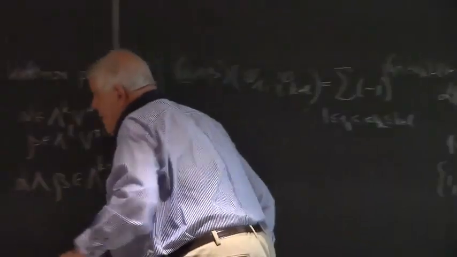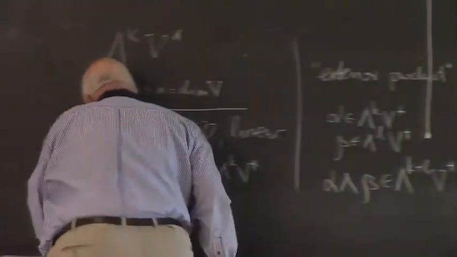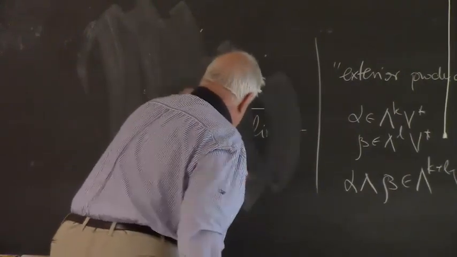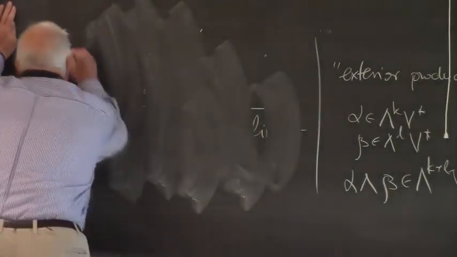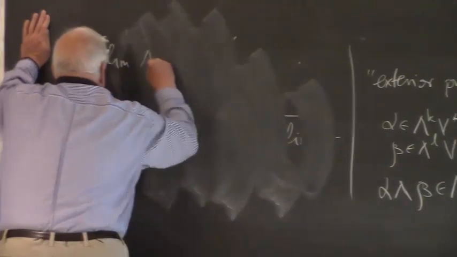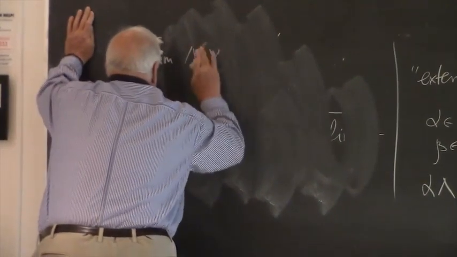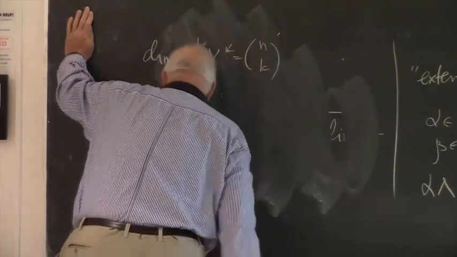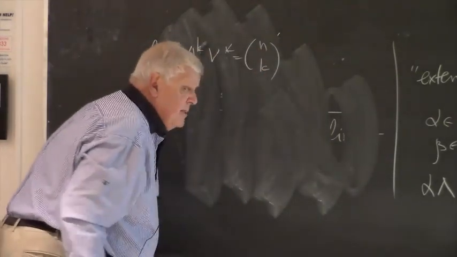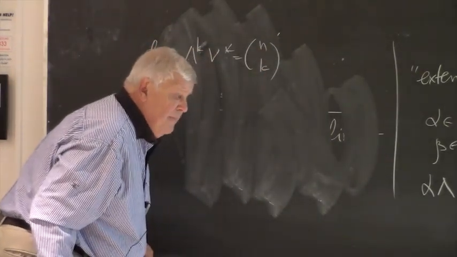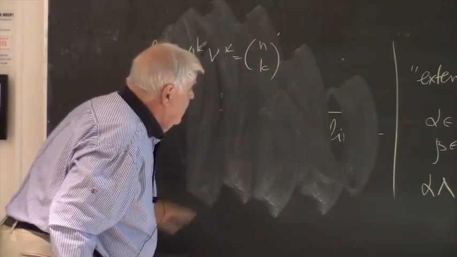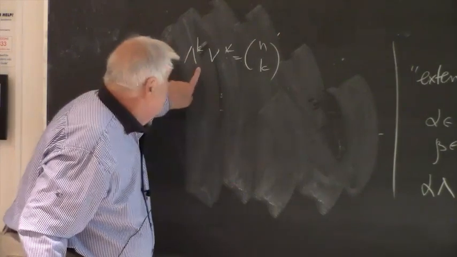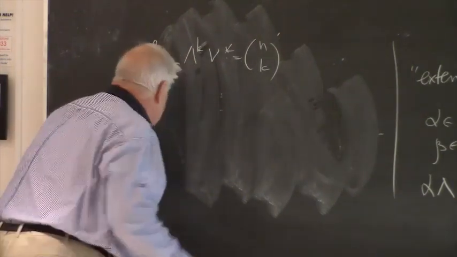So, I said last time that the dimension of lambda k V star is n choose k. And this has a very simple explanation. If you want to know a form alpha from lambda k V star, it's sufficient to do the following.